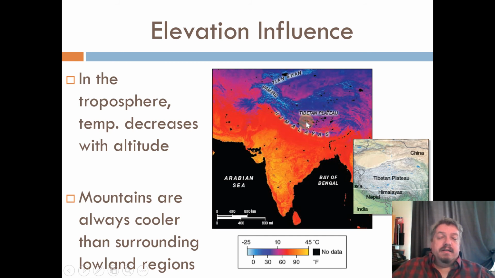And behind them, the Tibetan Plateau, the land here is on average 4 to 5 miles above sea level, where it's less than 1 mile above sea level here. So, high, low, and you can see the definite temperature difference. You also see that as you go south, it does get warmer, but it's actually warmer here than here even though this is further south. Mountains, areas of high elevation are always colder.